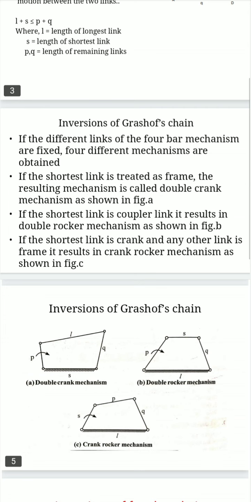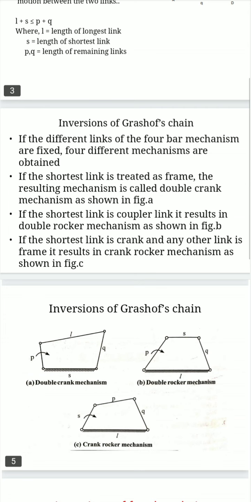Similarly, if the shortest link is the coupler link, it results in a double rocker mechanism. That means as P oscillates, Q will also oscillate.